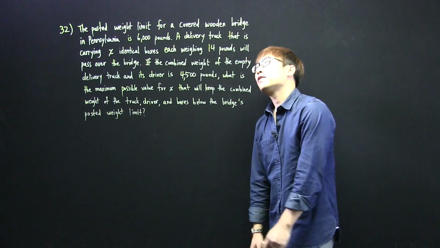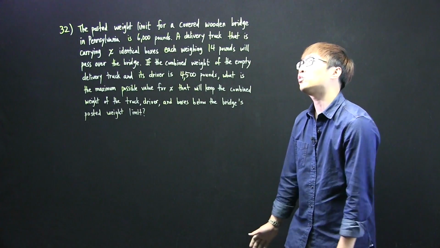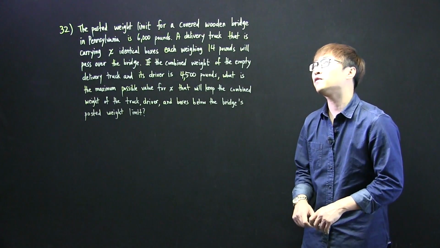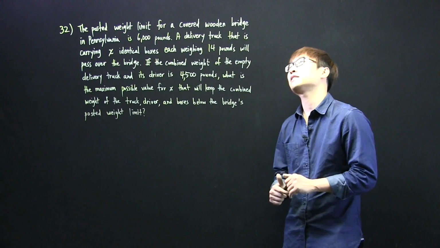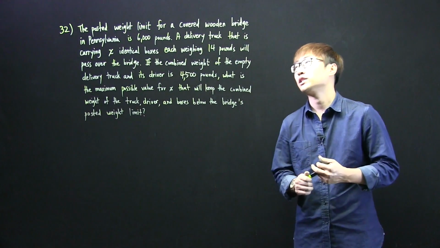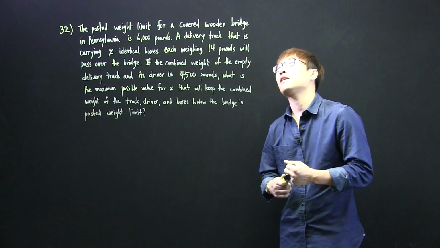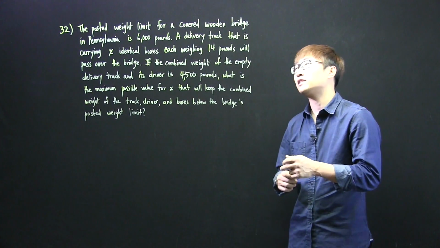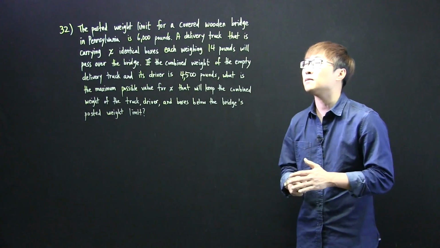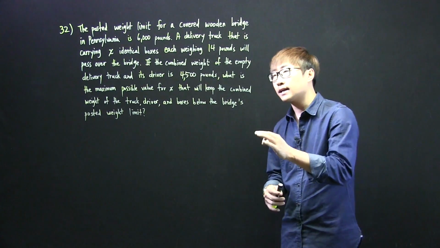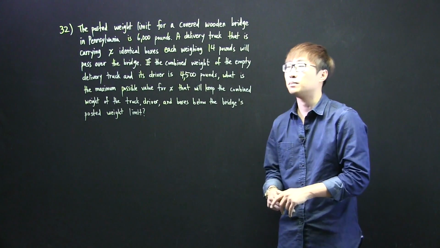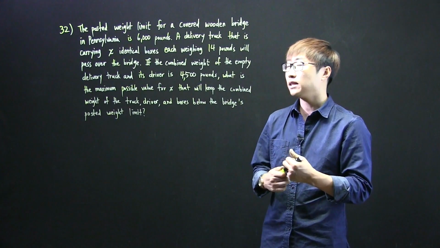Number 32. The posted weight limit for a covered wooden bridge in Pennsylvania is 6,000 pounds. A delivery truck that is carrying x identical boxes, each weighing 14 pounds, will pass over the bridge. If the combined weight of the empty delivery truck and its driver is 4,500 pounds, what is the maximum possible value for x that will keep the combined weight of the truck, driver, and boxes below the bridge's posted weight limit?